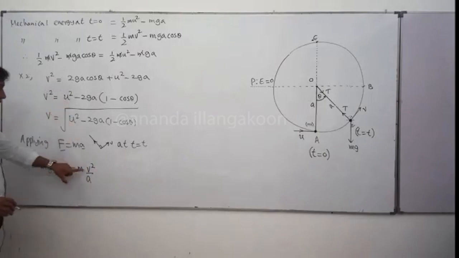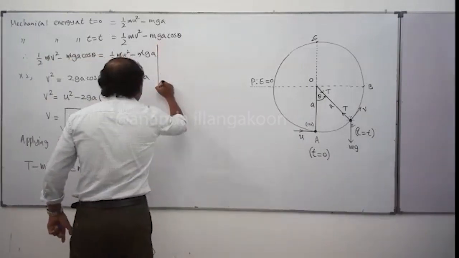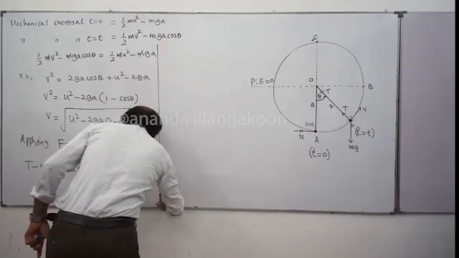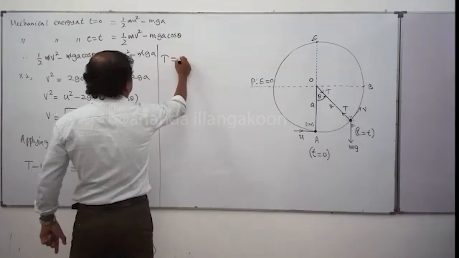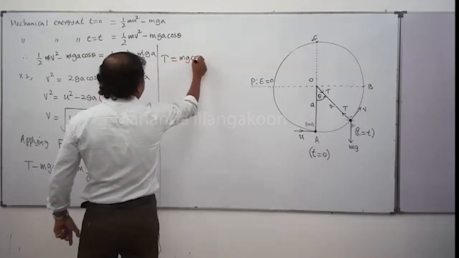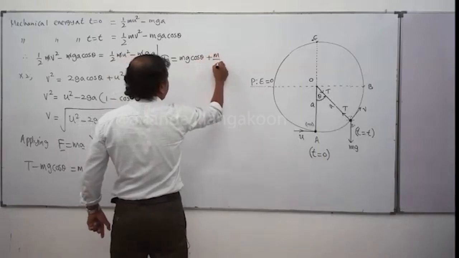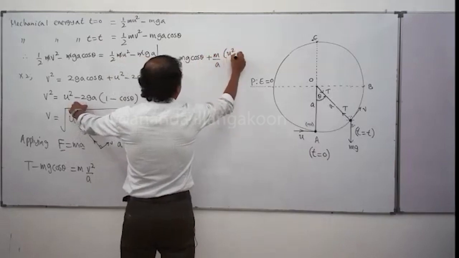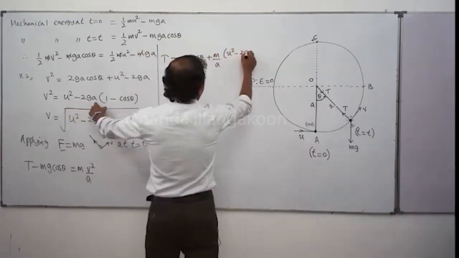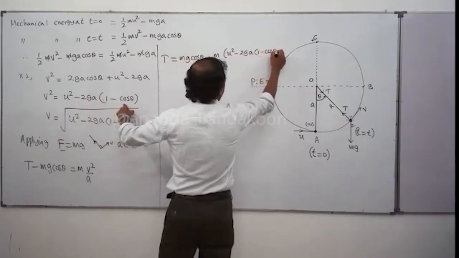Then we get T equals mg cos theta plus m upon a times u squared minus 2gA times 1 minus cos theta.